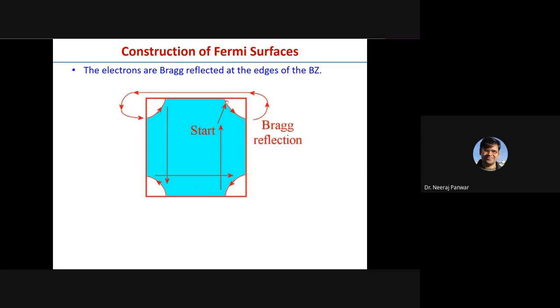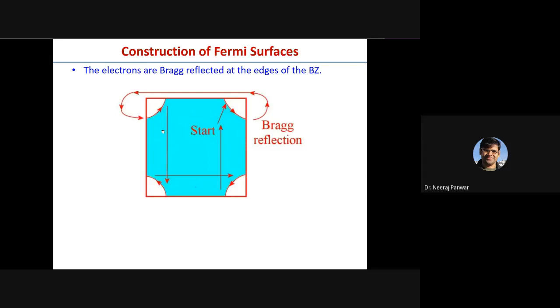If the electron or hole is moving like this, whenever it comes close to the zone boundary, it will be Bragg reflected. When the electron comes here, it would be reflected back. Now it will start moving in this direction. Whenever any electron traveling in a Brillouin zone reaches the zone boundary, it suffers Bragg reflection.